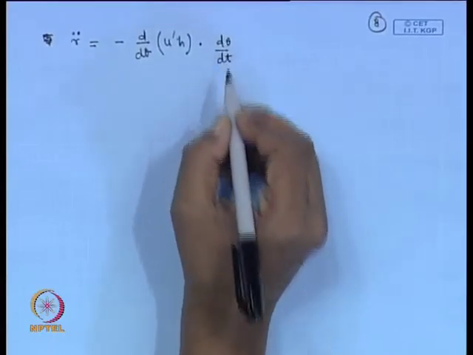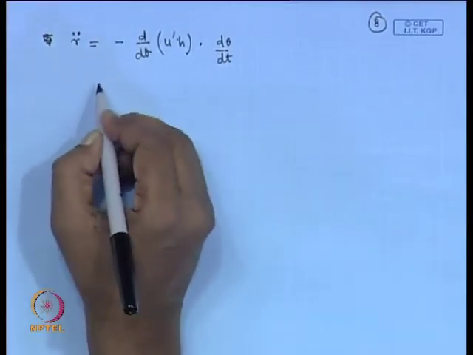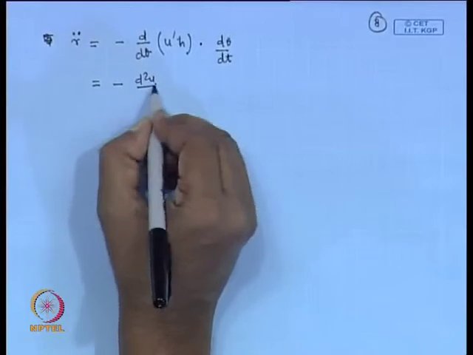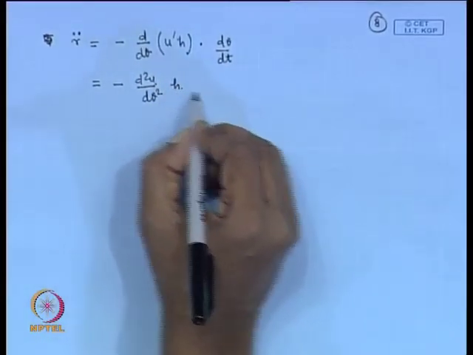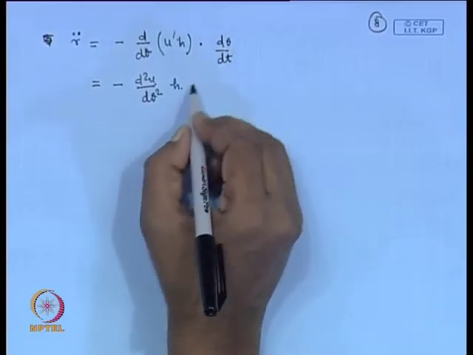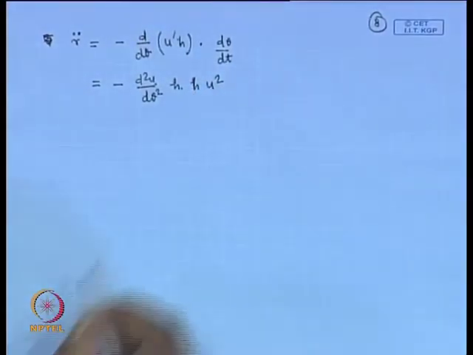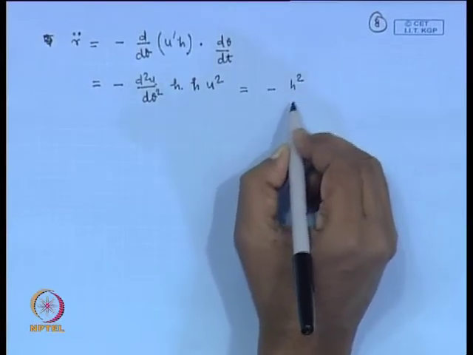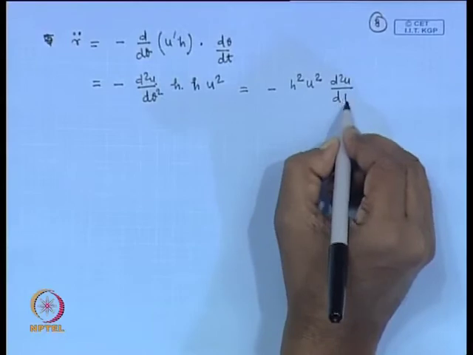Again we need to replace this d theta by dt in terms of h and u. So, now this becomes d square u by d theta square times h times theta dot. Now, theta dot is h by r square, which is nothing but h times u square. So, the whole thing then turns out to be minus h square u square d square u by d theta square.